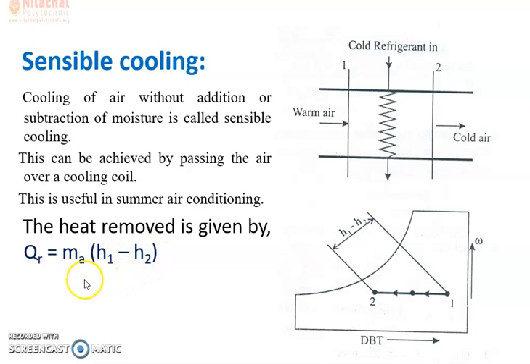Instead of H we can write Cp del T, so we can write Cp into TD1 minus TD2. So this is all about sensible heating and sensible cooling. In the next class I will start the other psychrometric processes. Thank you all for listening patiently.